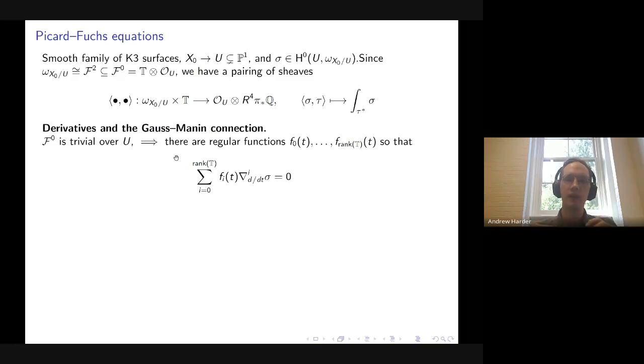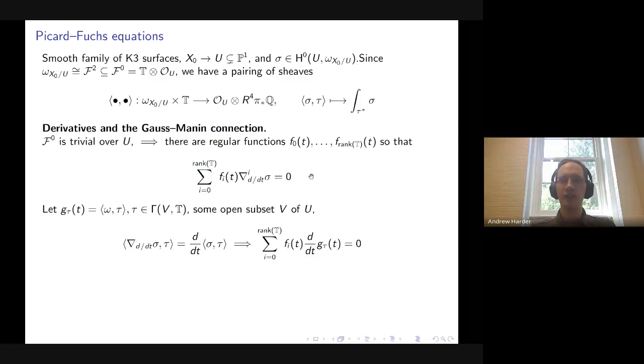So if I take some fixed section sigma of the Hodge bundle, hit it with the Gauss-Manin connection, and at each point pair again with the vector field d/dt, what I get is a bunch of sections of F0, a trivial bundle over U. If I do this enough, I'll get a linear relation between what I get by hitting this with the Gauss-Manin connection. So I can express this linear relation over O_U like this.